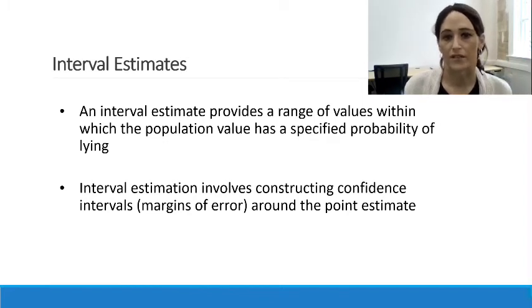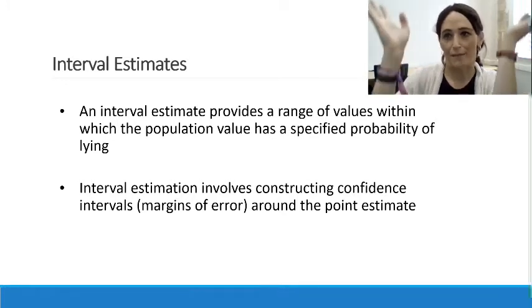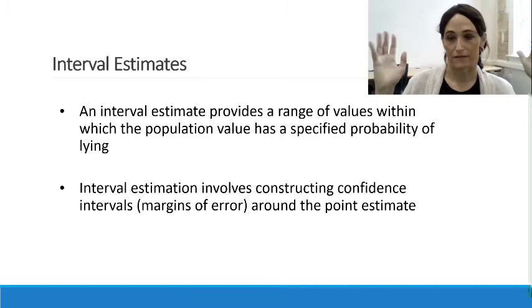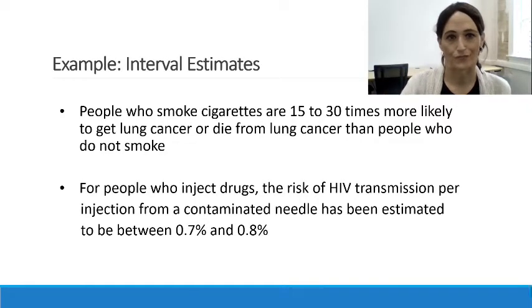So interval estimation involves constructing confidence intervals or margins of error around those point estimates. And as we'll see, as we get bigger and bigger samples, the narrower those confidence limits become. If we have really small samples, our confidence limits will become much wider. We're not going to be as confident in data that's from a small data source compared to when it's much larger, and both would have to be representative to be valid to begin with.